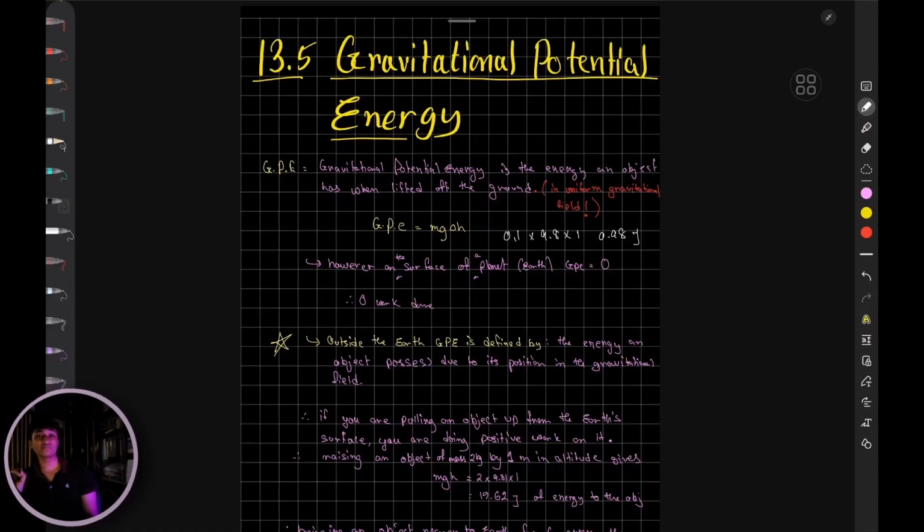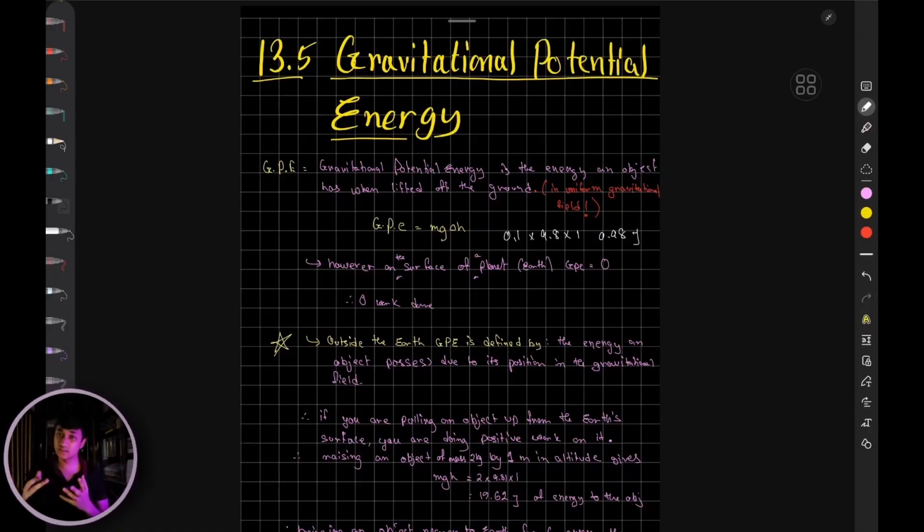But if you frame the statement as the gravitational potential energy of this pen after being lifted by 1 meter is 0.98 joules, then the statement is wrong. Because gravitational potential energy is actually always negative. And that is an interesting thing that we're going to discover in this video. Why is it negative? And why is the statement that its gravitational potential energy is 0.98 joules wrong?